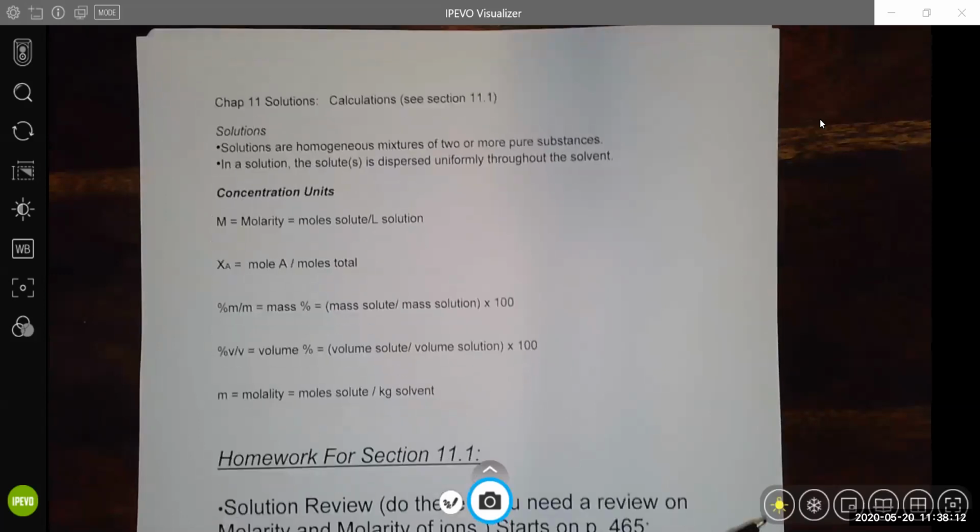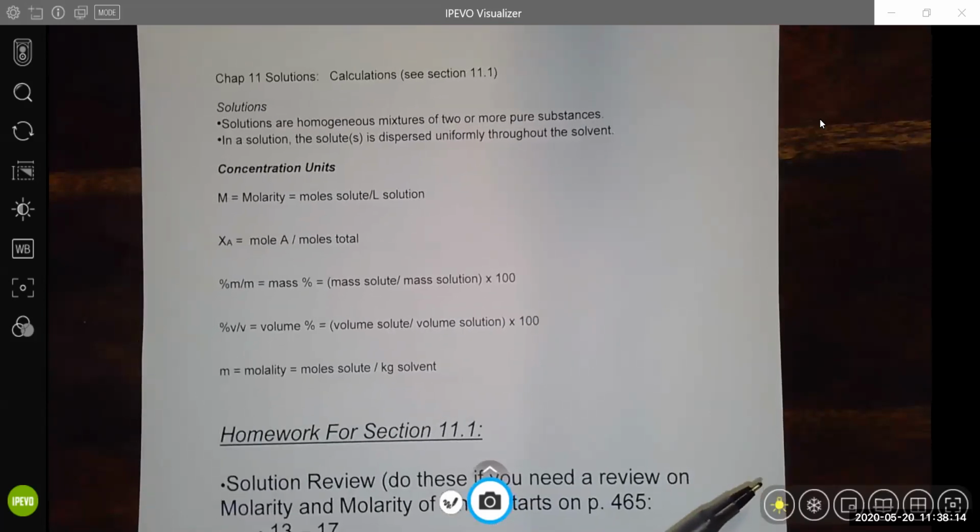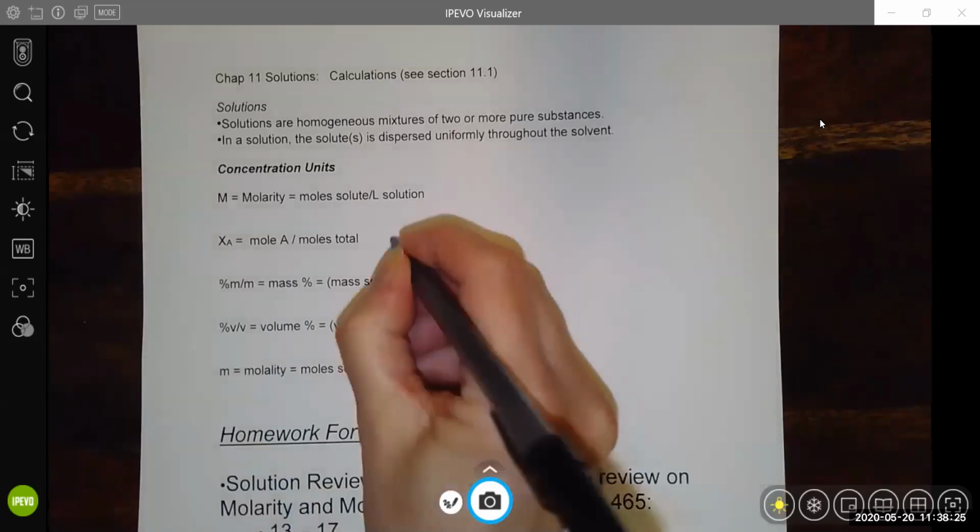Another way to express concentration, which we actually saw in gas laws when we had mixtures of gases, is the mole fraction.